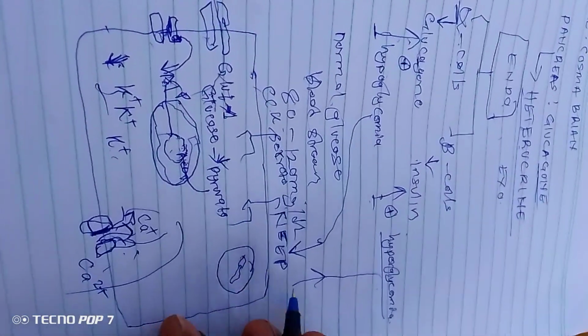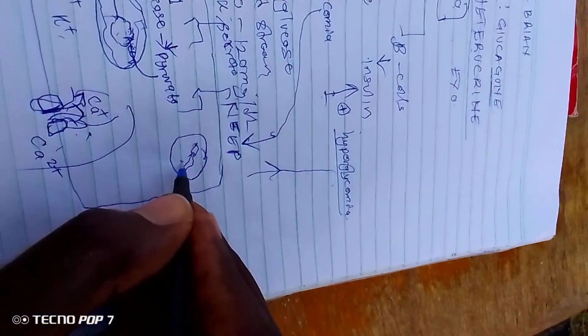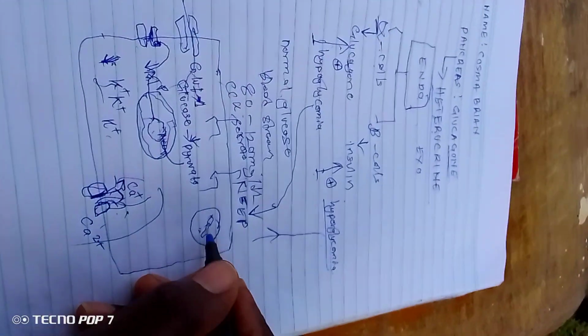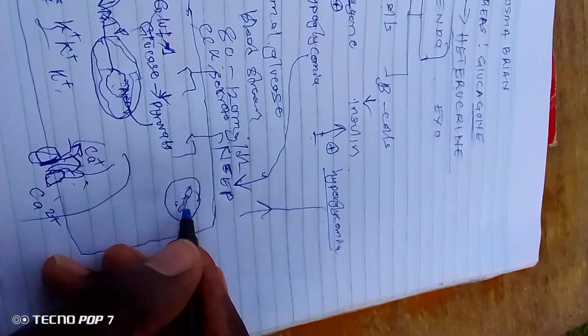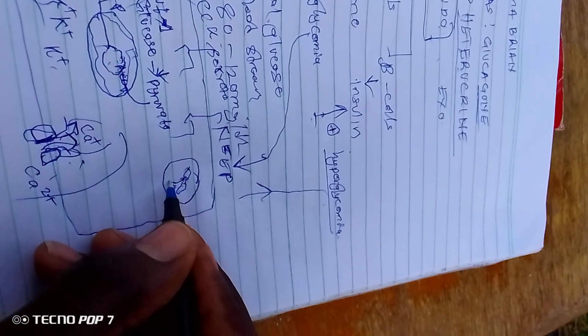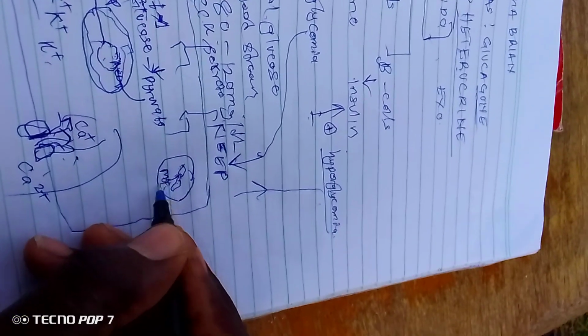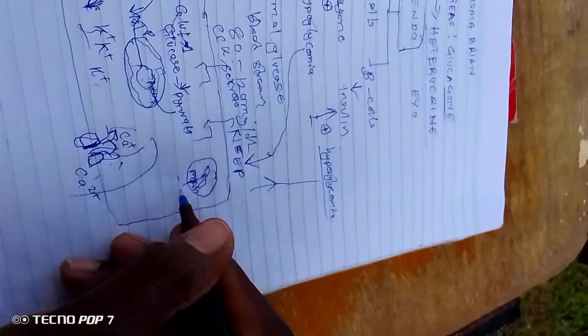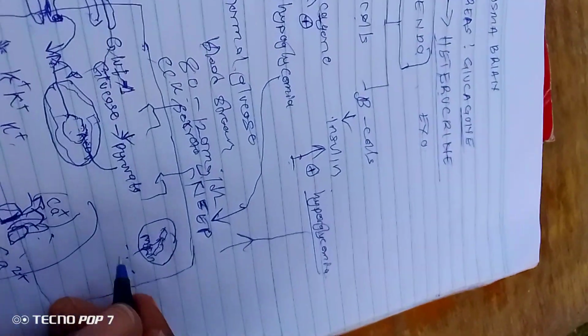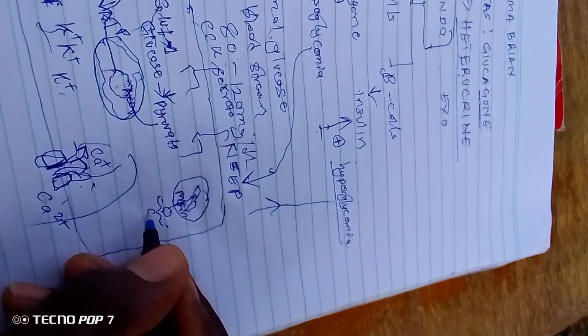Now, this is the alpha cell. There is DNA in the alpha cell. In this alpha cell, the DNA undergoes transcription and forms mRNA. This mRNA is taken to the rough endoplasmic reticulum. Remember, in the rough endoplasmic reticulum there are ribosomes.